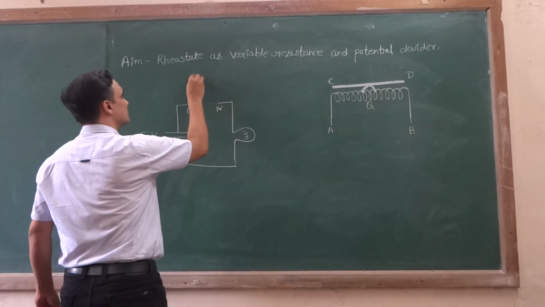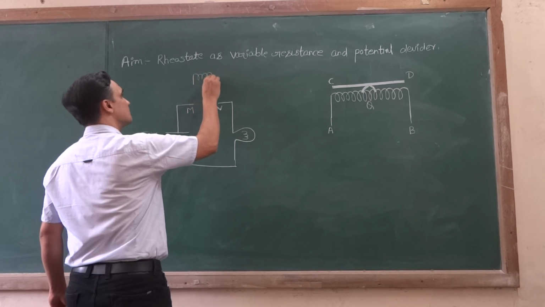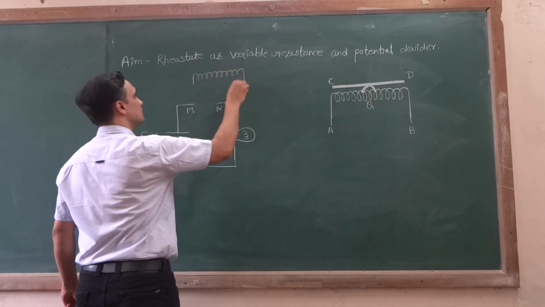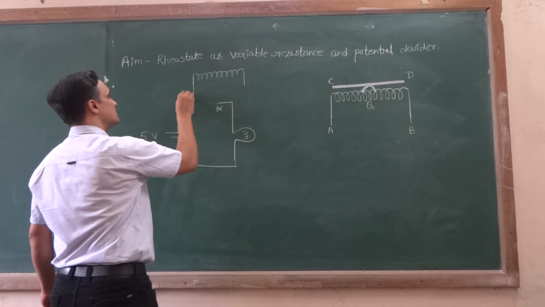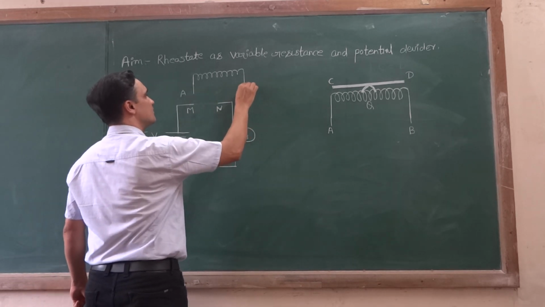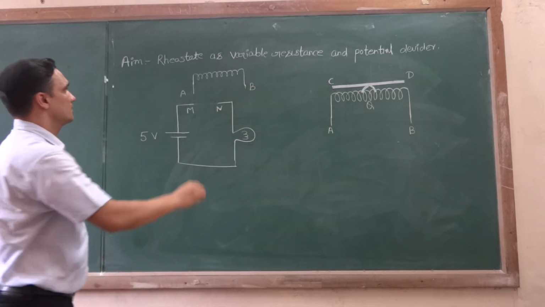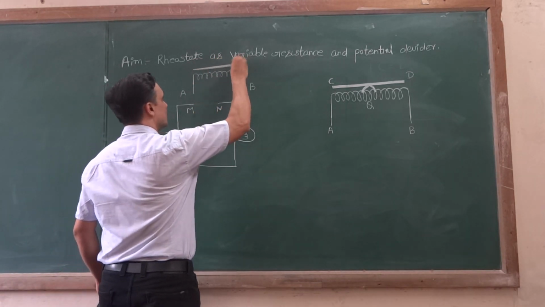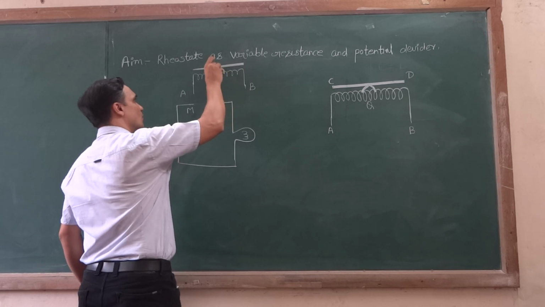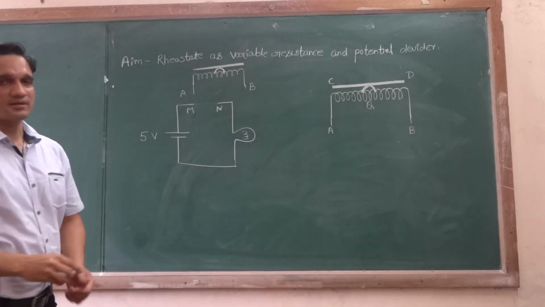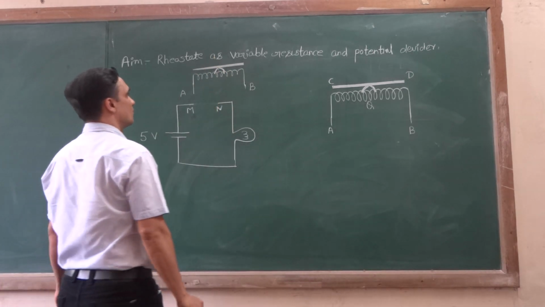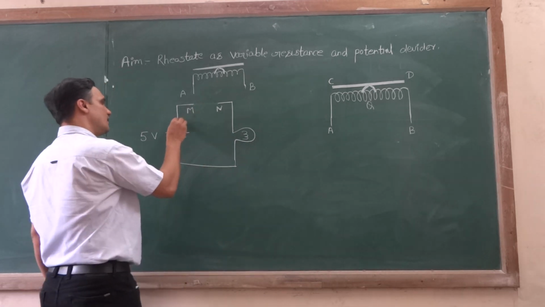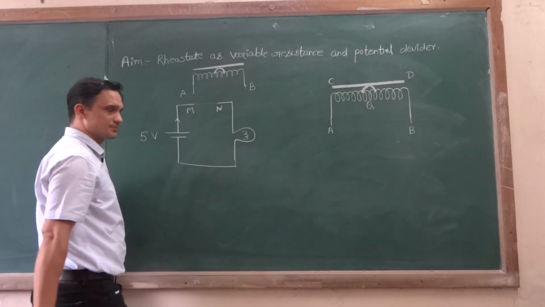Now I am going to draw the rheostat over here again. This point is A, this point is B, and there is a copper rod which is in contact with the nichrome wire winding. Now the current is flowing in this direction.